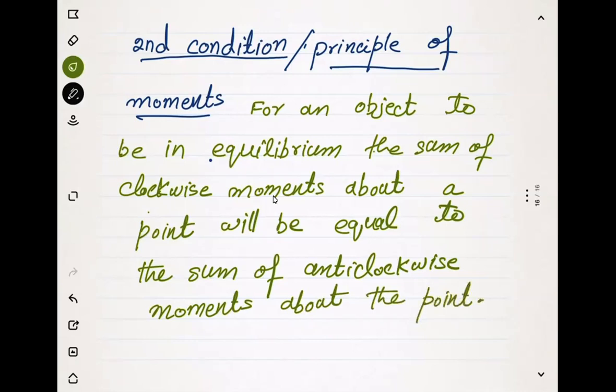This condition is called the principle of moments. According to this condition, the clockwise and anti-clockwise moments must be balanced. So whenever we check equilibrium of an object, we apply these two equations. Now let's go with some examples.